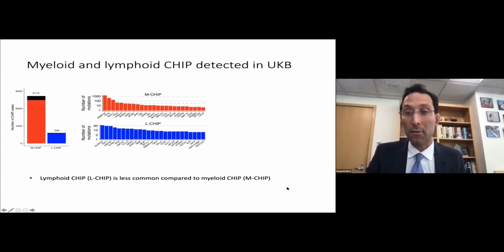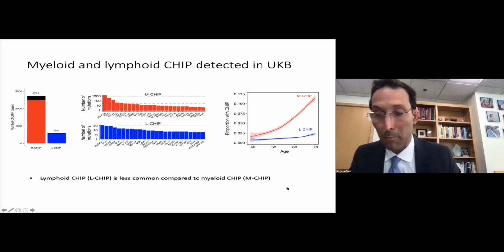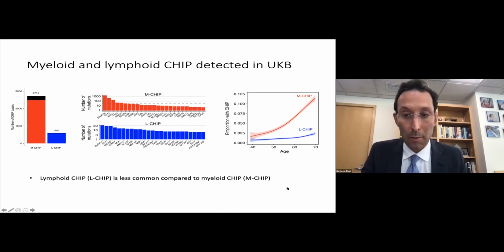Clearly, myeloid mutations are more common than lymphoid mutations. However, they are present, and they are both age associated. So myeloid CHIP, or mutations in myeloid genes in clonal hematopoiesis, is most common, but lymphoid CHIP is also present at a lower prevalence.